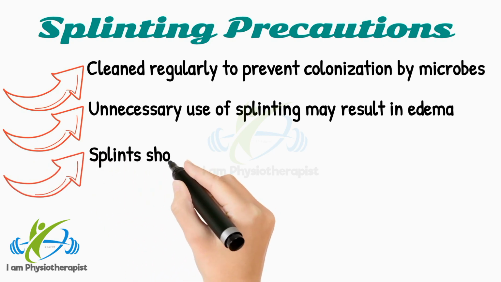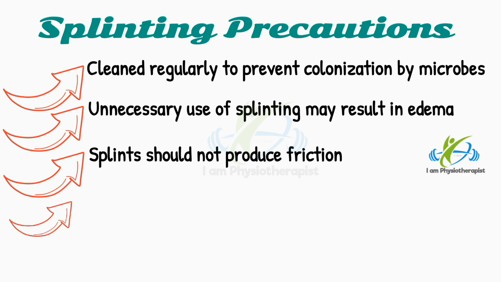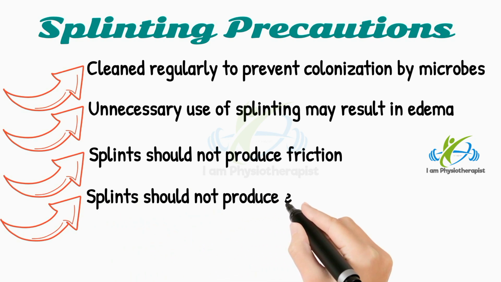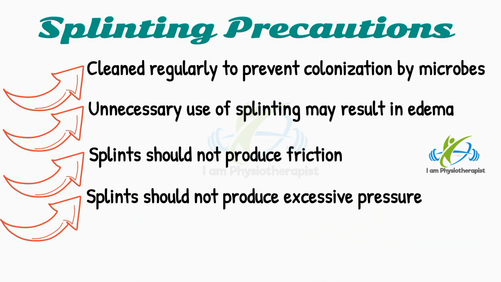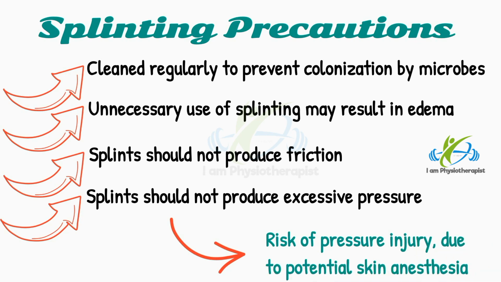Precaution must be taken to ensure that splints do not produce friction, causing unnecessary trauma to the soft tissues. Precaution must be taken to ensure that splints do not produce excessive pressure. There is particular risk of pressure injury to skin after burn injuries due to potential skin anesthesia.